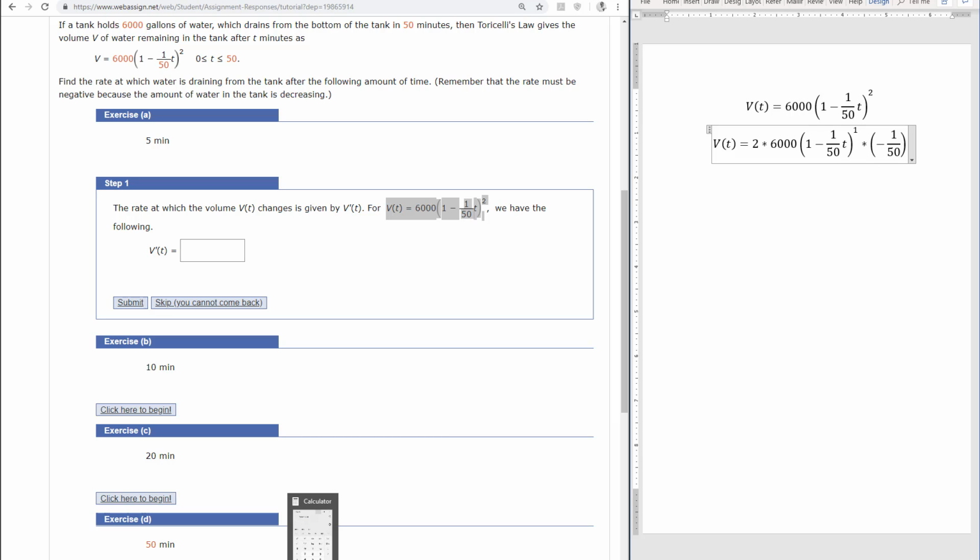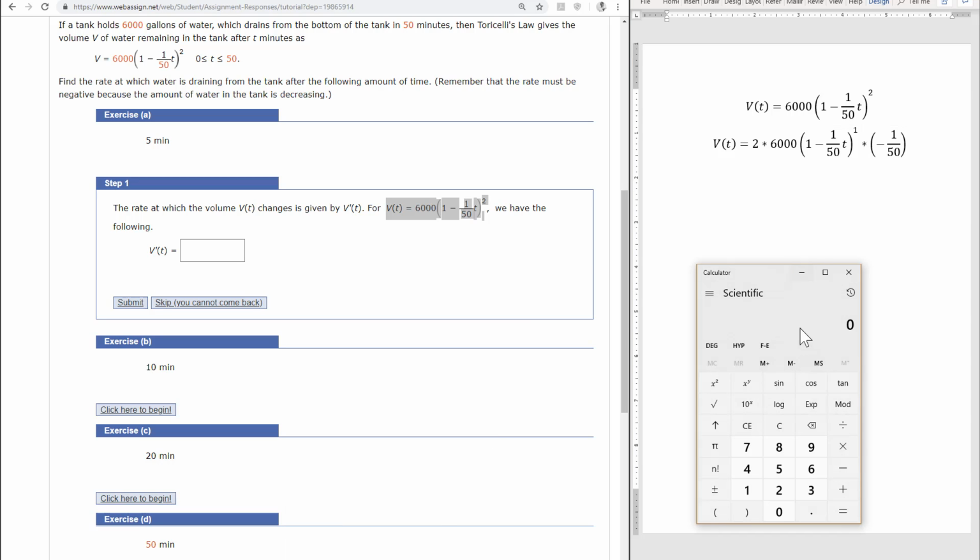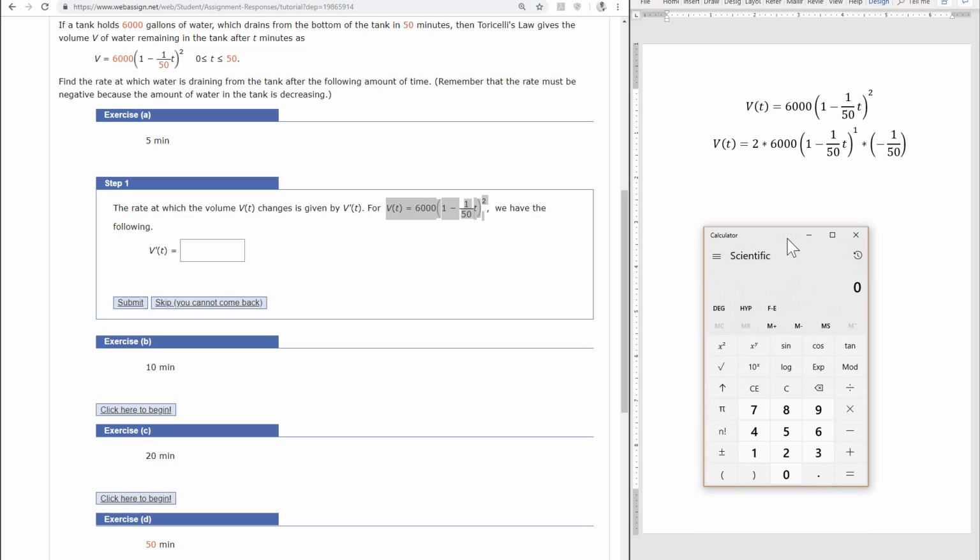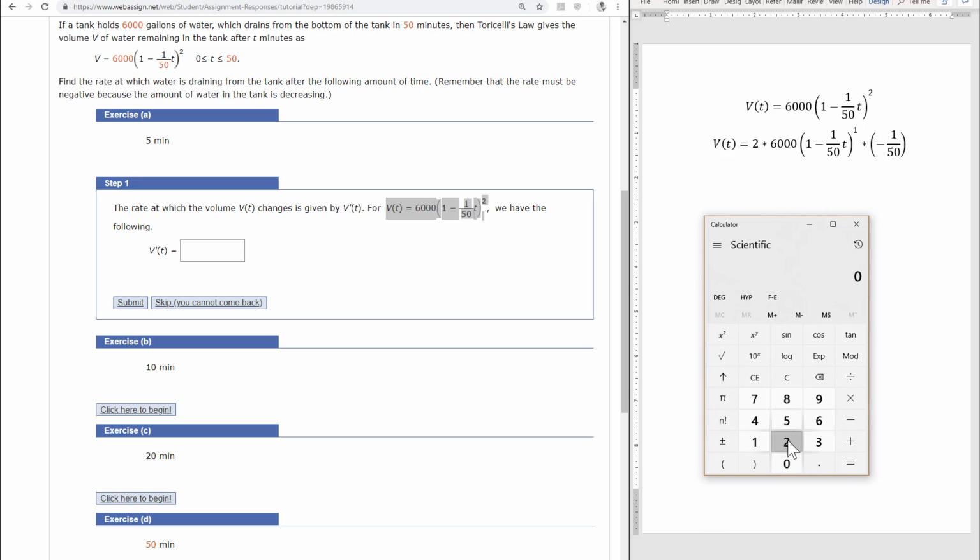And this is my derivative function. I probably should simplify it a little bit. Just to be sure, I want to use my calculator. So I have 2 times 6,000, and then I'm going to divide by 50.